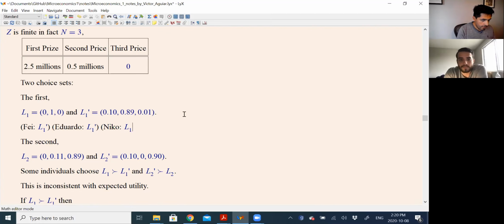Okay, good. Now the second experiment: L2 gives you 11% of 500,000 and 89% of 0. This is compared to L2 prime, which is 10% of the big prize, 2.5 million, and 90% of nothing, okay?